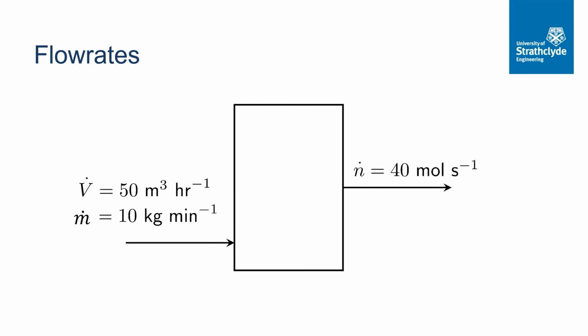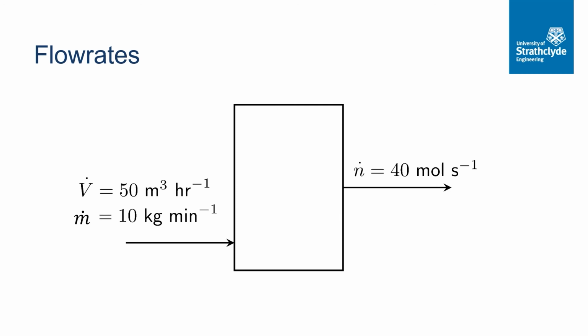Now here we have an example of a block flow diagram to represent our process unit. And you'll notice that we have volumetric flow rates, mass flow rates, and molar flow rates presented here. Now, looking specifically at our flow rate going in, we know that the volumetric flow rate and mass flow rate are related to density.